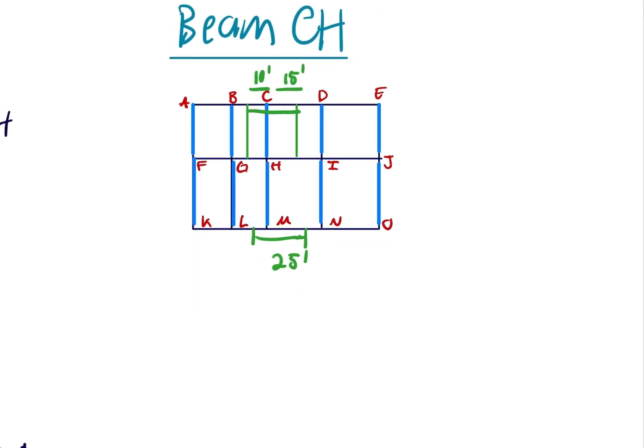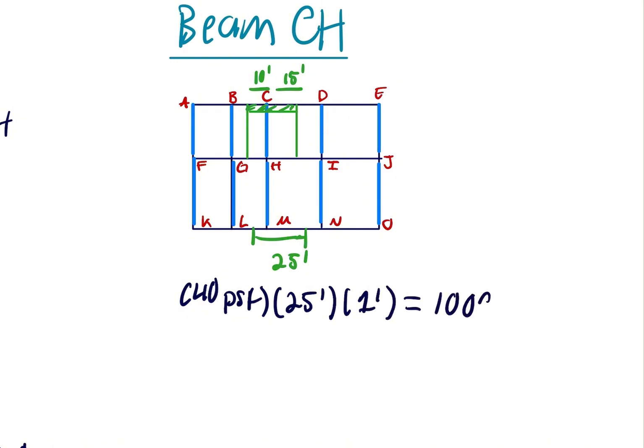And then we also do the 1 foot here. Then we will calculate the load, which is again 40 pounds per square foot times 25 feet times 1 foot. This will give us a total of 1,000 pounds distributed over the length of the beam.